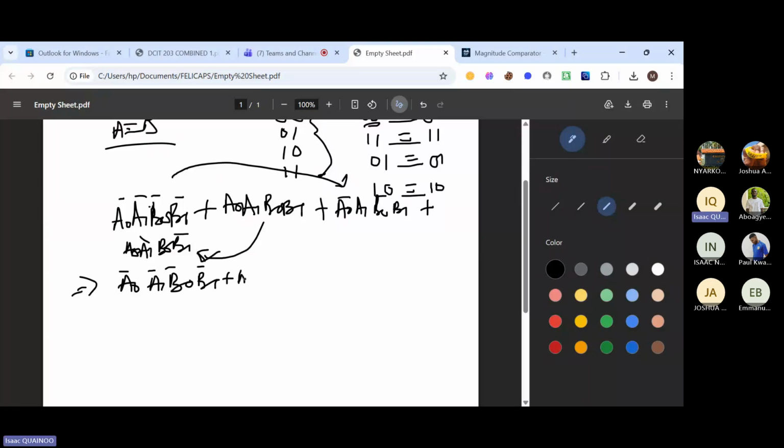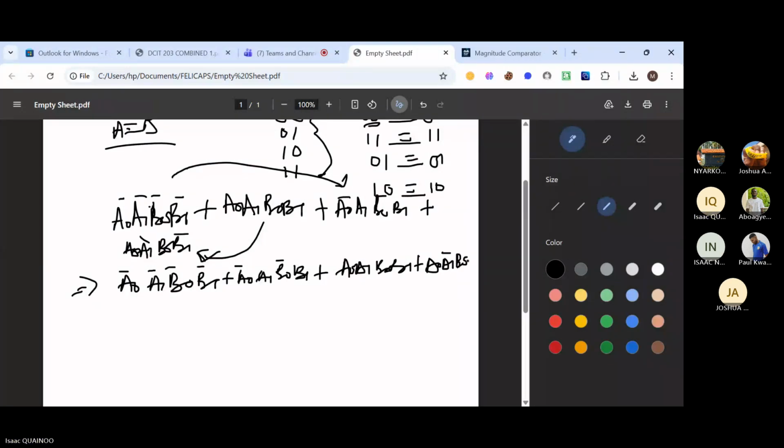Then we have A0 prime, A1, then B0 prime, then B1, plus. Then let's take this: A0, A1, then B0, B1, all plus. Then the last one: A0, A1, then B0, B1, and the B1 here is prime.